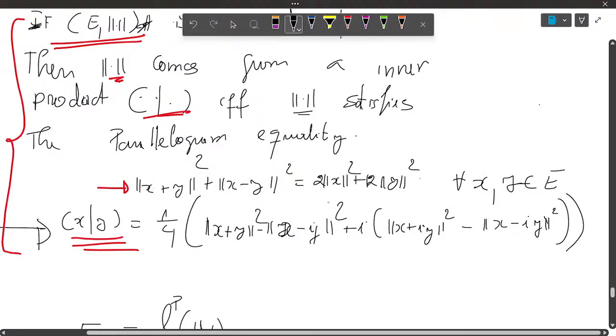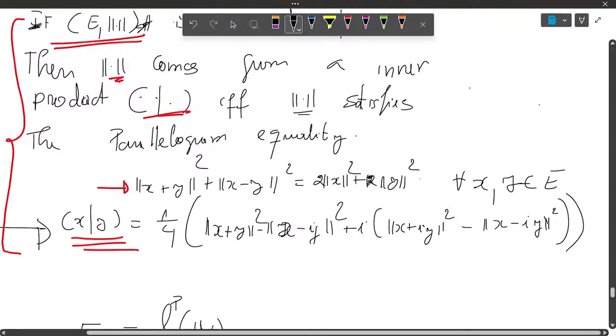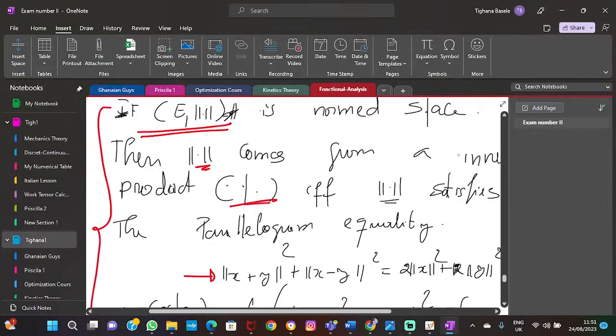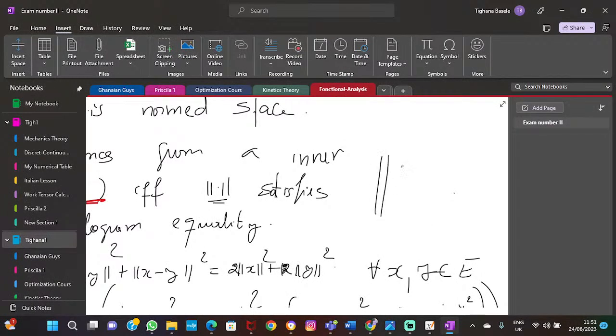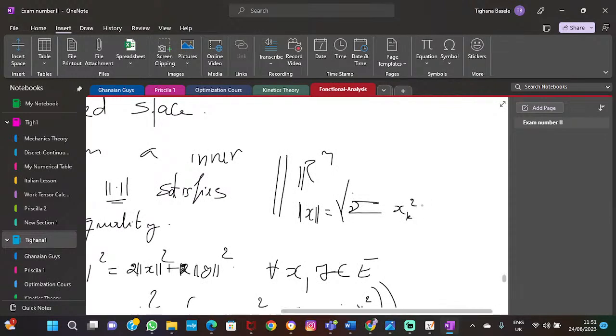The parallelogram equality is this: the norm of x plus y squared plus the norm of x minus y squared must be equal to 2 times the norm of x squared plus 2 times the norm of y squared. We know already that if we are in Rn, using the norm defined by the Euclidean norm, the square root of x1 squared up to xk squared, this satisfies the parallelogram equality.